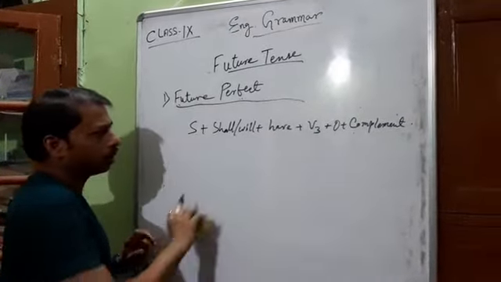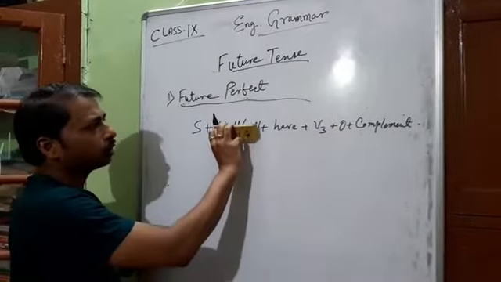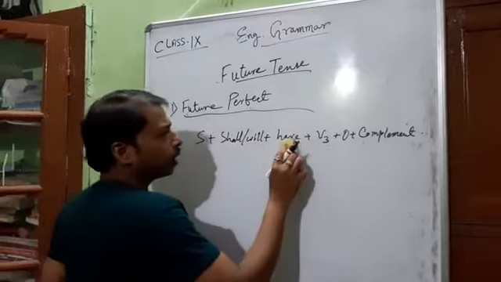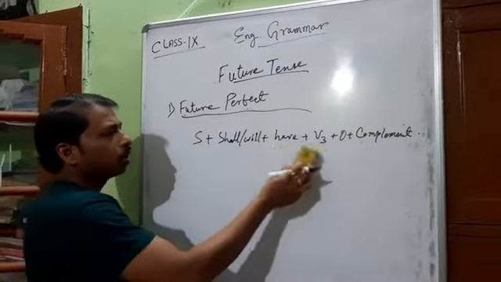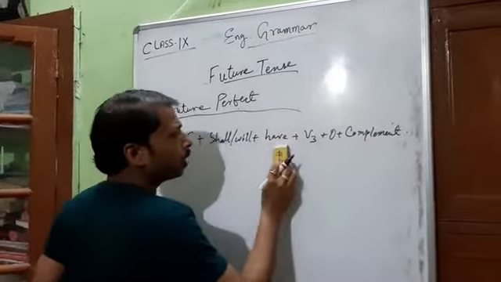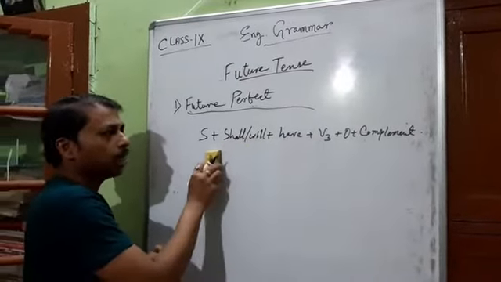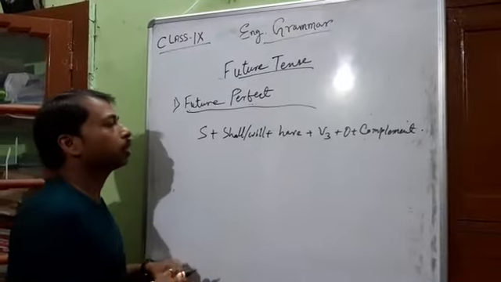In present perfect we found shall will was not there, subject was there, have was there, there was also has, V3, object, complement. So here we don't have any has, only have, and before it come shall and will. So keep in mind this is the formation.